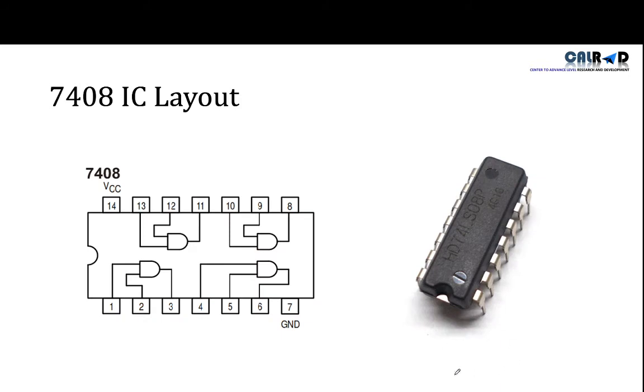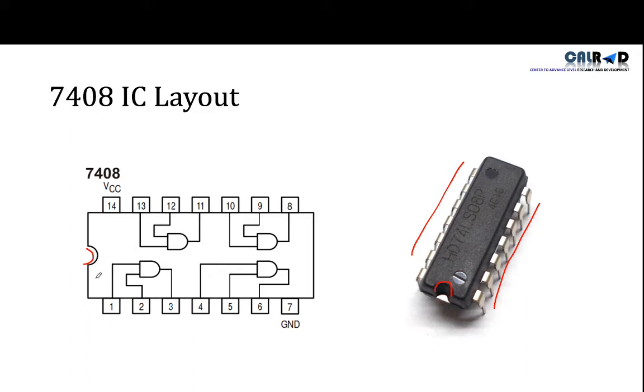This is the layout of the IC. As you can see, there are 14 legs, 7 on one side and 7 on the other side, and this semicircle mark here, the hollow mark.